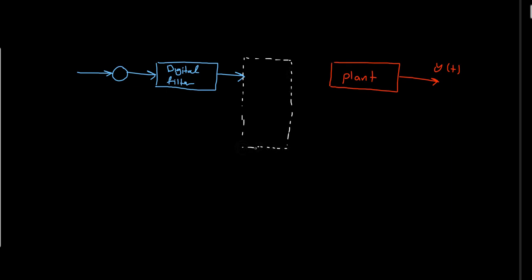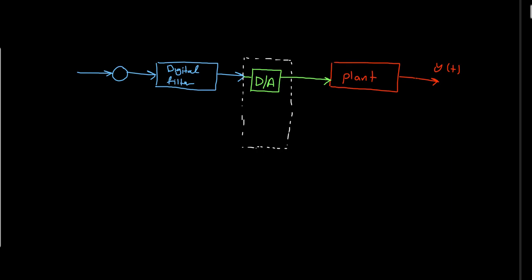To do so, I will use a digital to analog converter to convert the signal from digital nature to analog nature, so I can connect it to the plant.